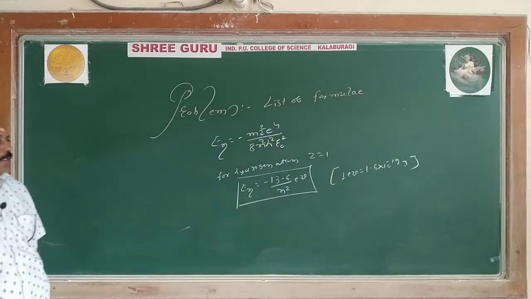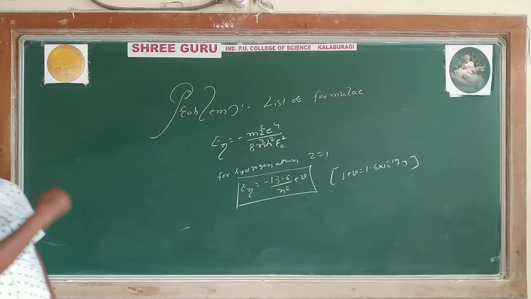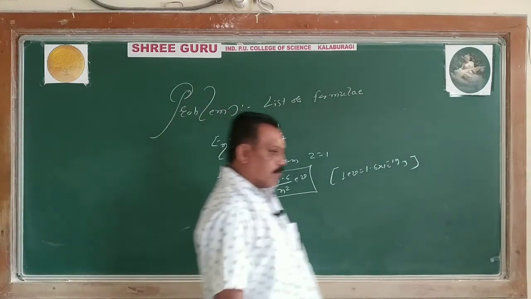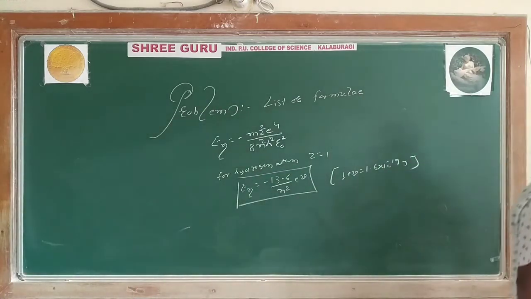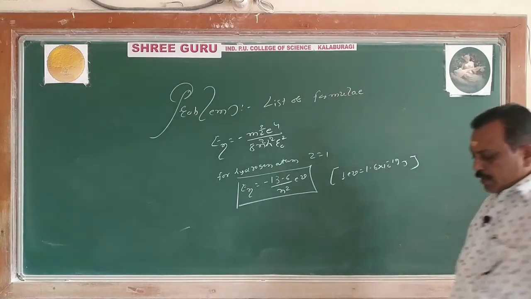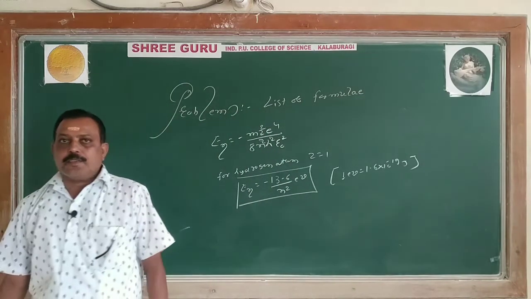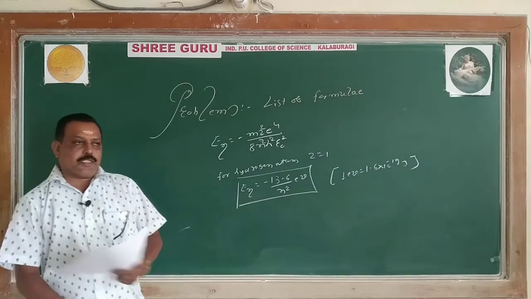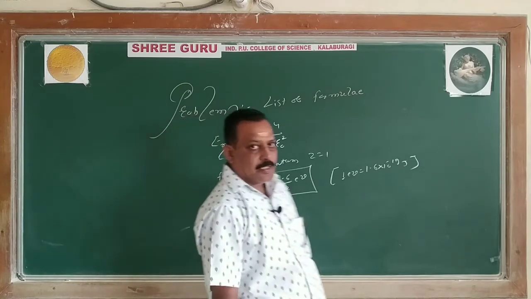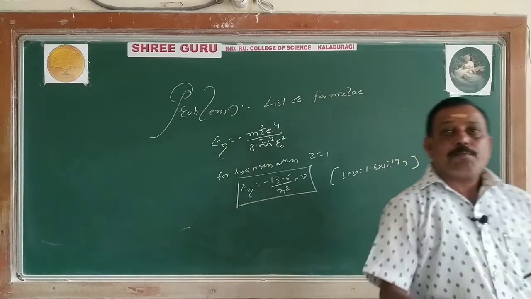By using this equation, we calculate the energy of the respective orbit: first orbit, second orbit, third orbit. At n equals infinity, E gives 0. That is called ionization energy. For the hydrogen atom in the ground state, total energy is minus 13.6 and ionization energy is plus 13.6.